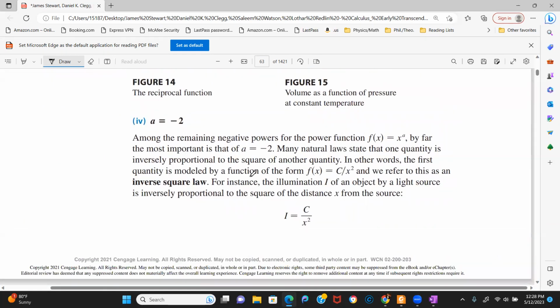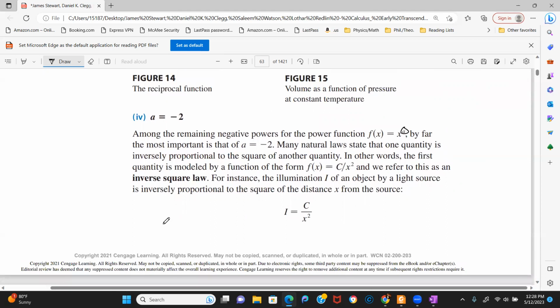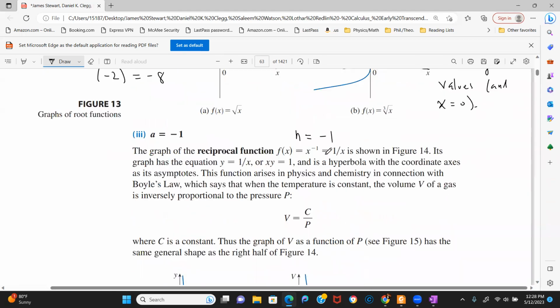And then you have the case when the exponent is -2. I'm not going to go through all this. It says this function arises: x to the -1 arises in physics and chemistry in connection with Boyle's law, which states that when the temperature is constant, the volume V of gas is inversely proportional to the pressure.